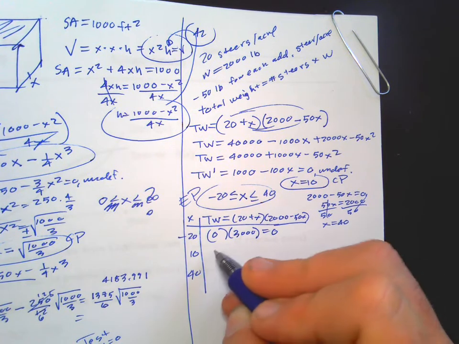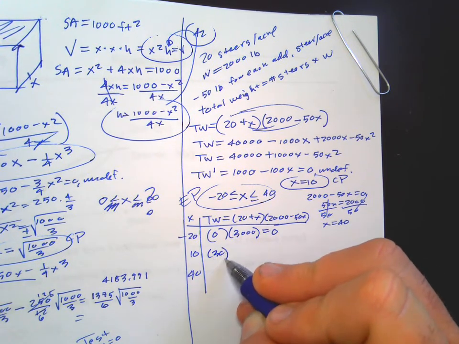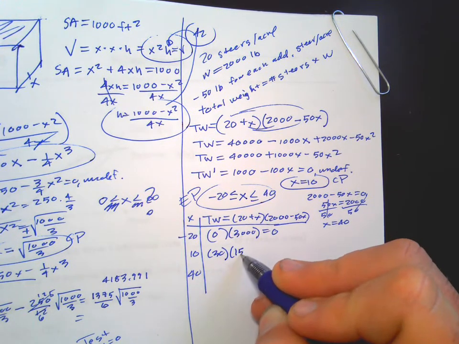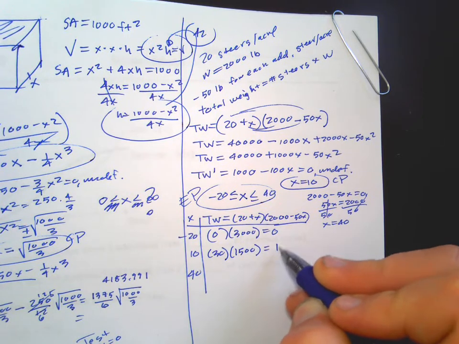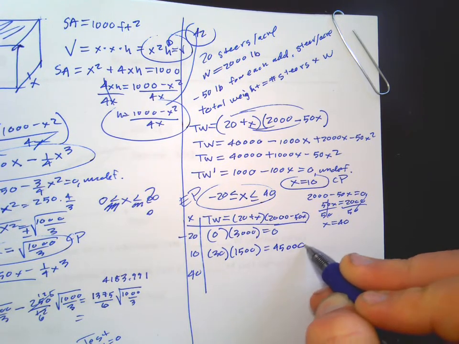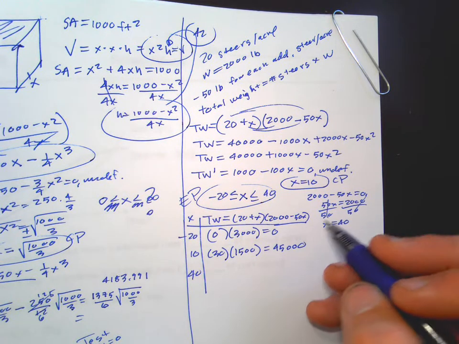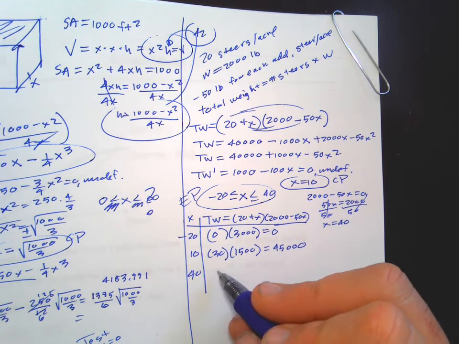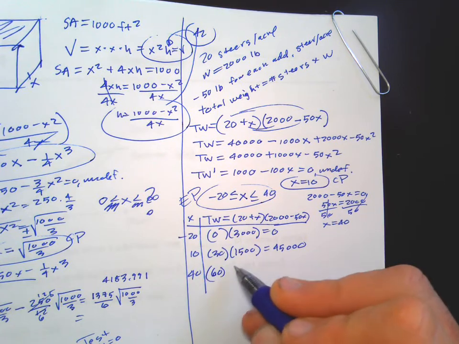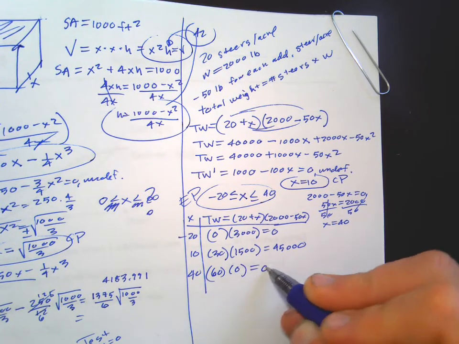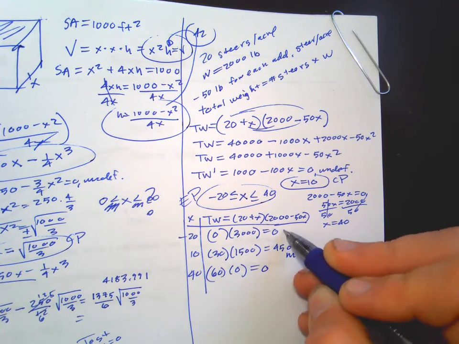If you plug 10 in, you get 30 times 1,500, so it'd be 45 with 3 zeros on the end. And if we plug 40 in, we get 60 times a weight of 0, so that's 0. So here's your max, here's your mins.